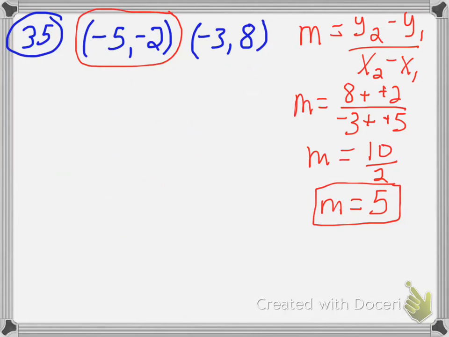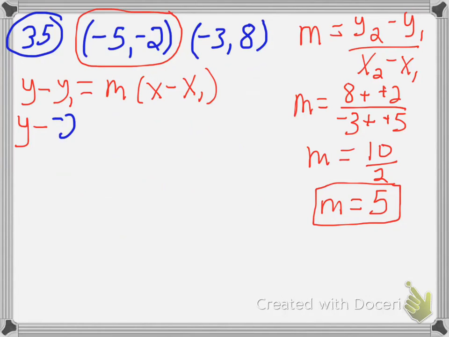Since I have a point and a slope, I'm going to use point-slope form: y minus y1 equals m times (x minus x1). Now I'm going to plug in the information that we know. So y minus, in this case my y1 is -2, equals m, and my m is 5, times (x minus my x1, which is -5).